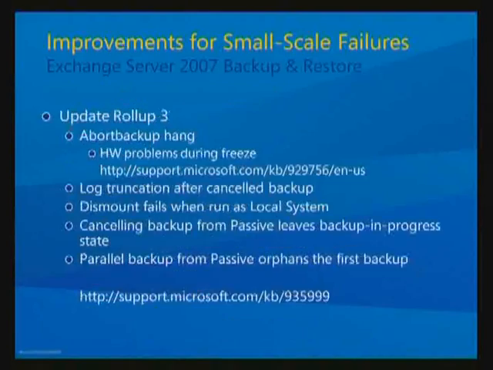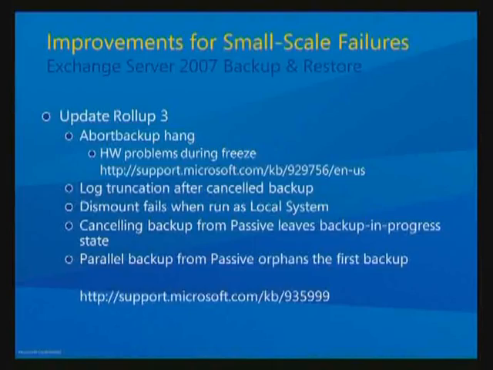In update rollup number 3, we had some fixes and some changes for backup and restore. Rollups 4 and later really didn't have anything in them that was relevant to backup and restore or for HA or DR, so I didn't put that information down here.